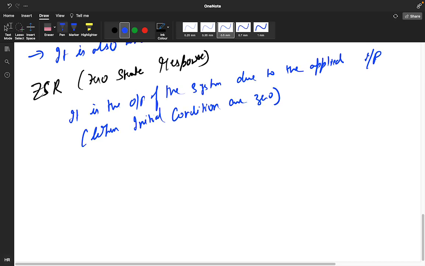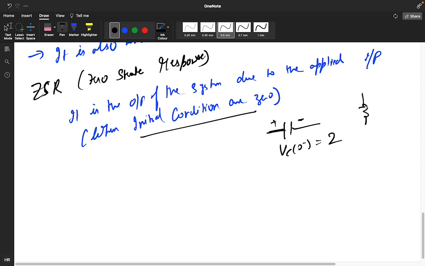Write it down. Here you are making your initial condition 0. What is the meaning of an initial condition? Plus minus, VC 0 minus, suppose 2. We make the circuit like this: battery, then capacitor, so we have the plus minus voltage, as we saw in network. This type of VC 0 minus, we need to make 0 for finding the ZSR.